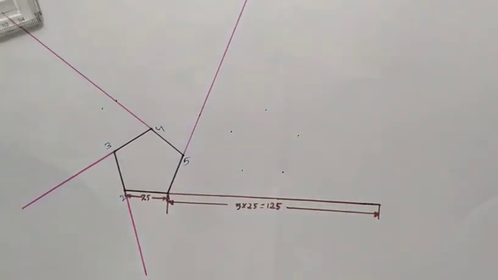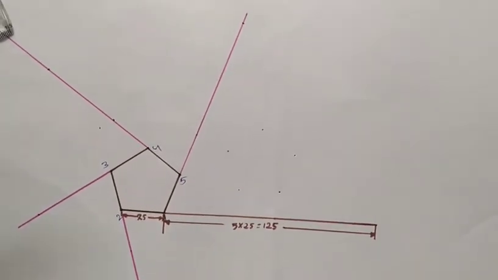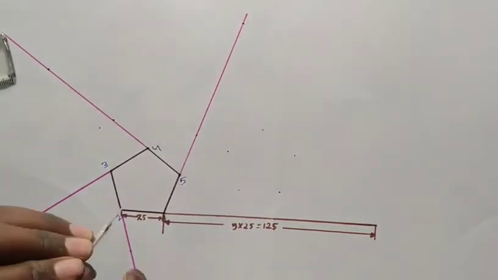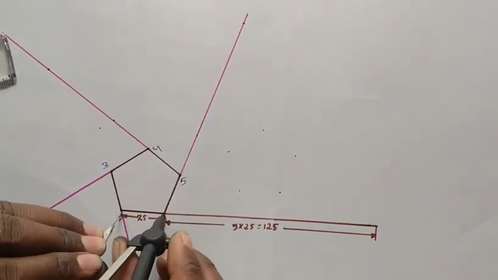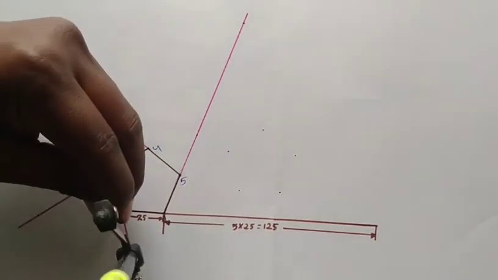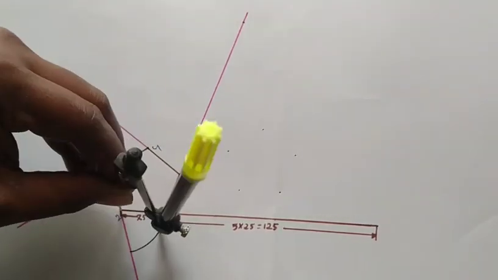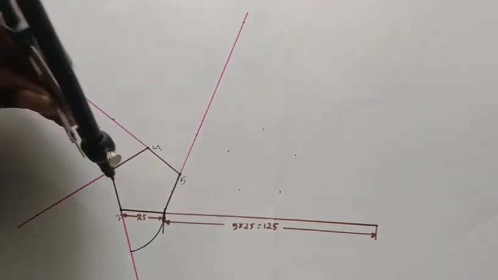Next, with the help of your compass, take 2 as the center and from 1 draw an arc. This is the easiest process.